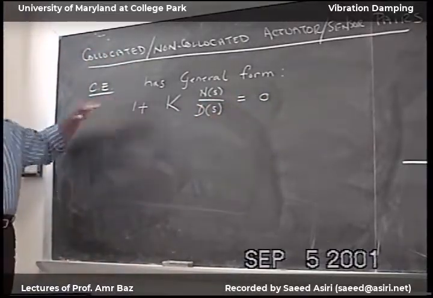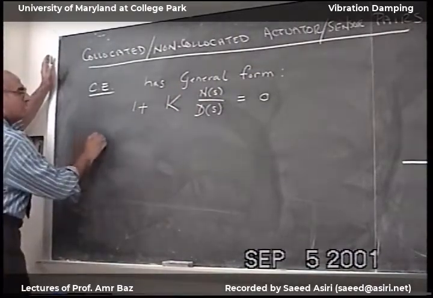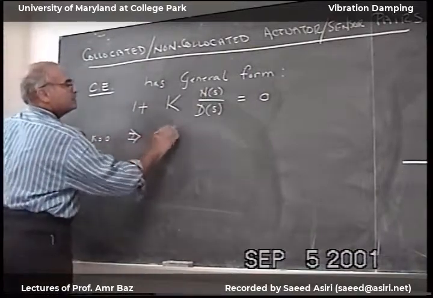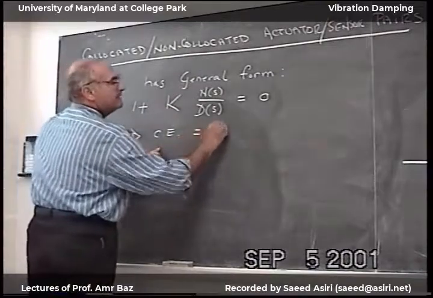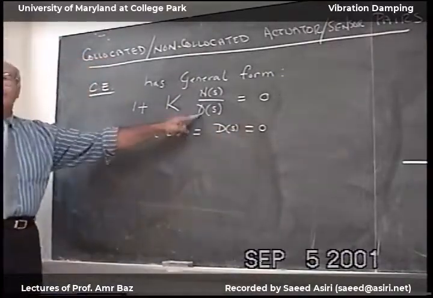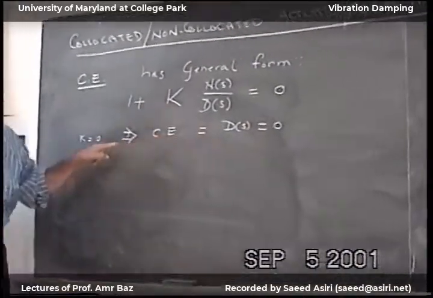When we wrote this equation, I wrote it in two different ways. The first way, when k is equal to 0, then the characteristic equation reduces to D(s) equal to 0. When we multiply D(s) here and put k equal to 0, that's what we have.